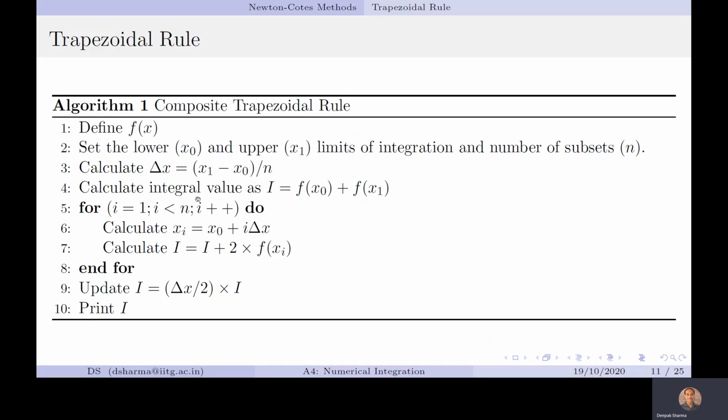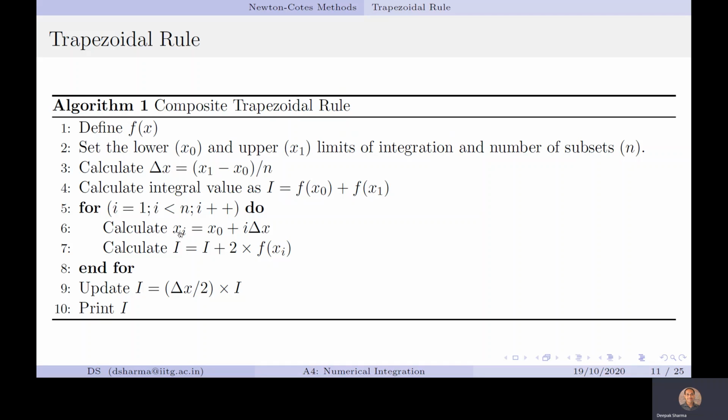Then let us calculate the integral value as I equals f of x0 plus function value at x1. We calculate this now because that will remain the same during our calculation. Now come to step number 5. Here we are running a loop for i, starting from 1 till i is smaller than n minus 1, meaning that i will be running till n minus 1 only, and then i plus plus.